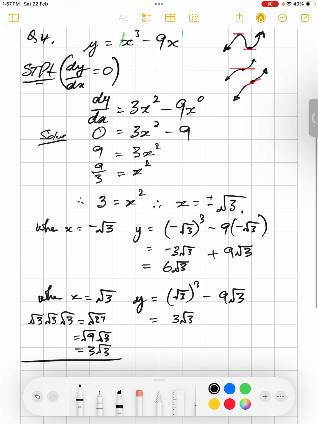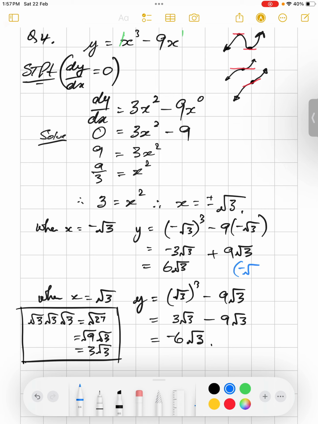So however you look at it, root 3 cubed is 3 root 3, take away 9 root 3, and that leaves negative 6 root 3.